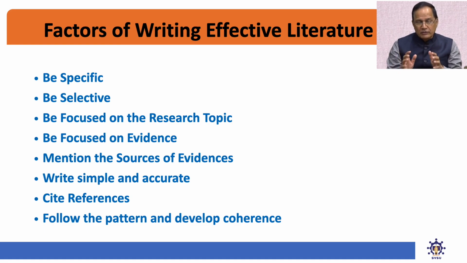It should be selective. You select only those elements of literature which are most relevant and directly related to your research. When you go about conducting research specifically for your literature review, you will find a lot of material which you will consider useful for your study, but there is a criterion: it should be relevant, it should be related to your study only.